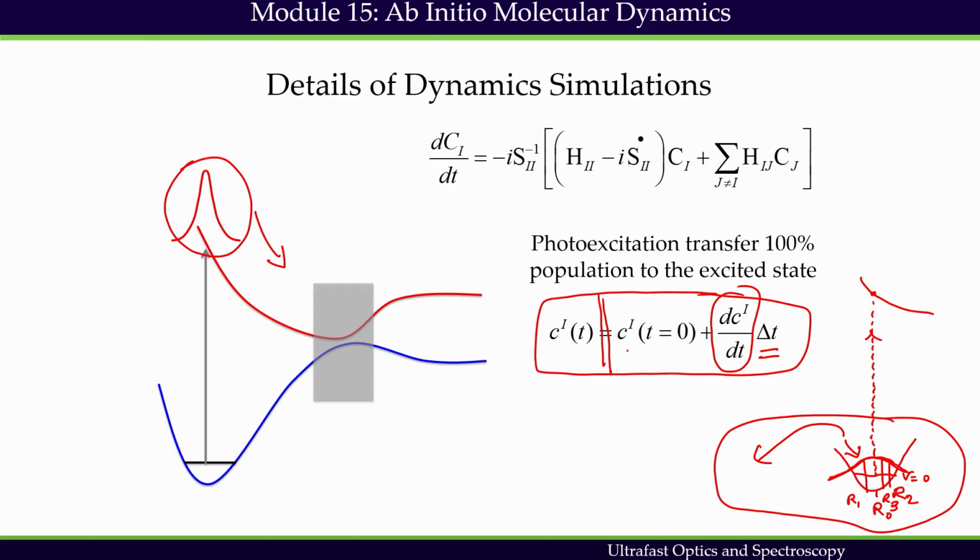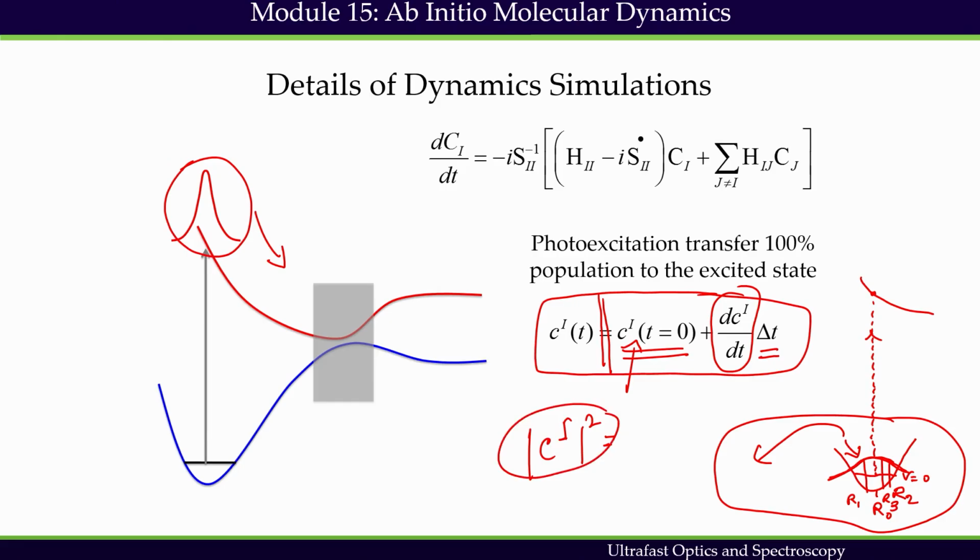That is known. The initial condition for the population is also known, that is represented by Ci. Ci is not directly representing population, it is actually the Ci square modulus that is the population. So, it is related to population.